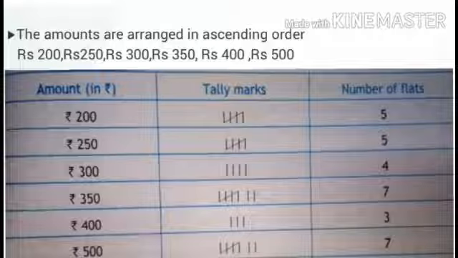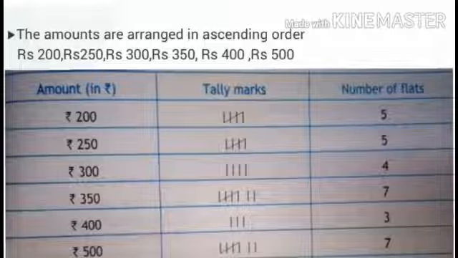Next, rupees 300. Let us see how many houses gave them. 1, 2, 3, 4. So 4 flats gave them rupees 300. 350, let us see. 1, 2, 3, 4, 5, 6, 7. So 7 flats gave them rupees 350.